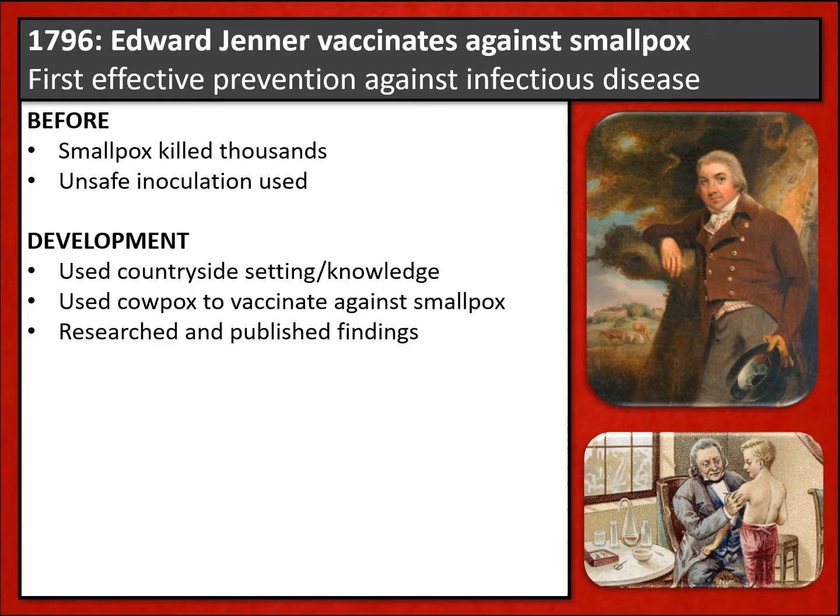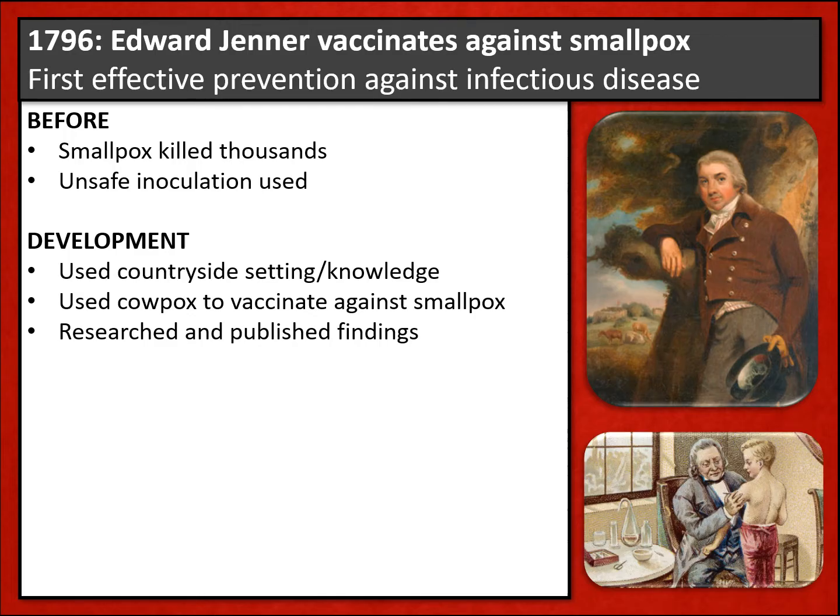Now, Edward Jenner was a doctor working in Gloucestershire, and this is a rural setting, and the people of Gloucestershire knew that milkmaids didn't tend to get smallpox. Now, this was because what they did get infected with was cowpox, which is a less deadly disease. So Jenner set out to investigate why and whether or not this could be of use.